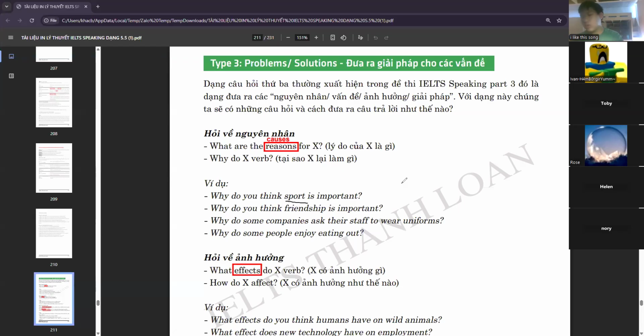You need to tell your examiner that sports is important because, first of all, it is fun to do with your friends, and second of all, it is healthy for you. That's a pretty simple one.